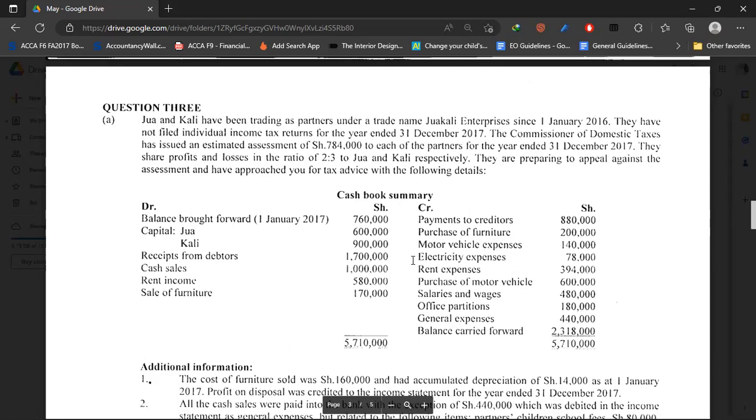We have a cash book summary. On the debit: balance brought forward 1st January 2017, 760,000. Capital, Jua 600,000, Kali 900,000. Receipts from debtors 1.7 million, cash sales 1 million, rent income 580,000, sale of furniture 170,000.